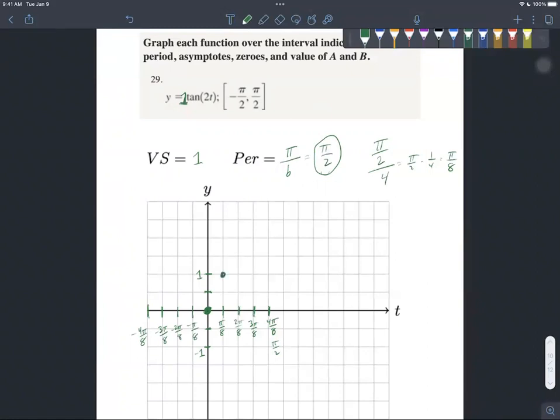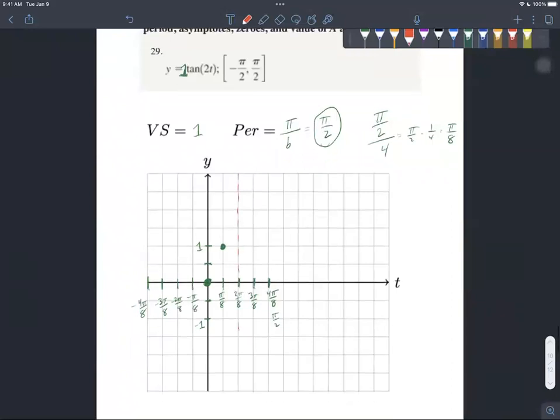And at the next pi over 8 increment, 2 pi over 8, this is where we'll have our vertical asymptote. The same thing goes in the negative direction. We will have negative 1 here at negative pi over 8, and then a vertical asymptote here at negative 2 pi over 8.